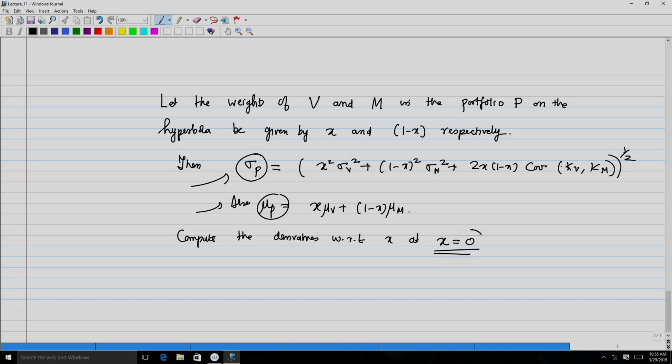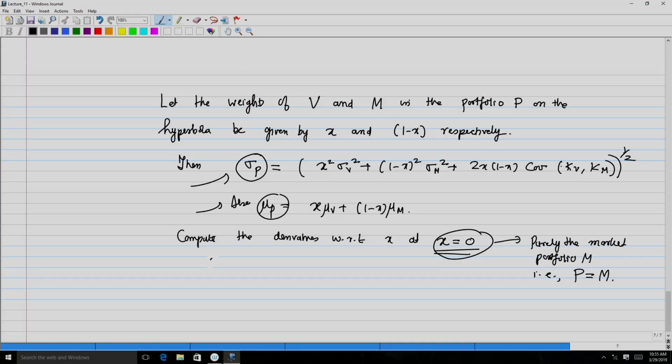Why x equal to 0? Because x equal to 0 will comprise of just purely the market portfolio M. That is, your portfolio P is just simply going to be equal to the market portfolio. So, that means the slope in this particular case will be the same as the slope of the CML.